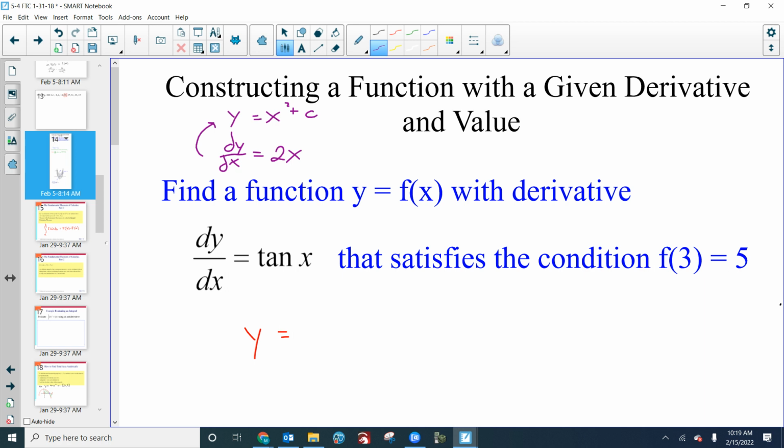Y could also be rewritten as the antiderivative of 2x dx. I haven't shown you that notation before. Y equals the antiderivative of 2x dx.